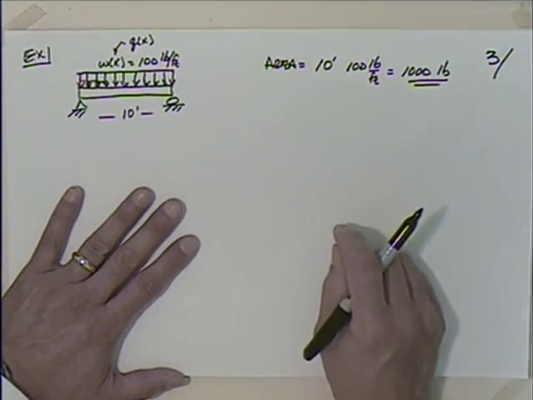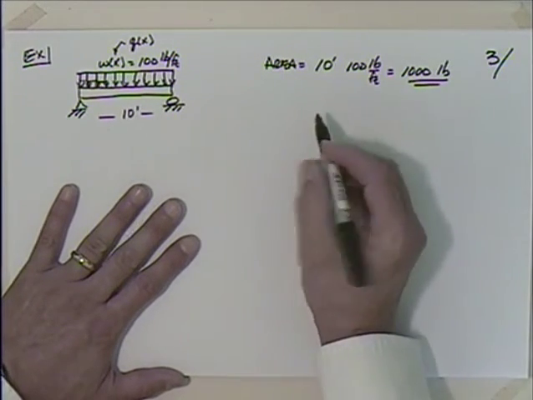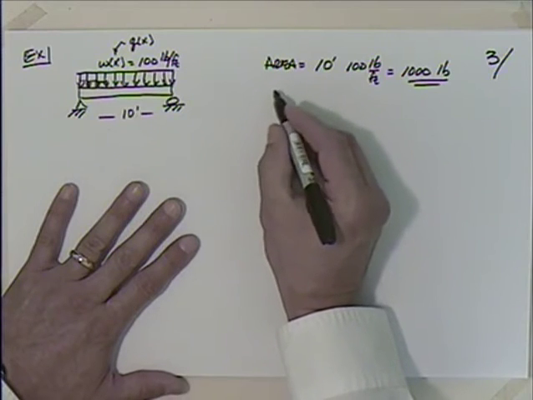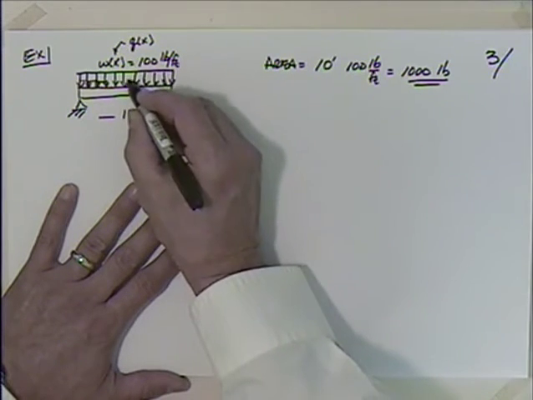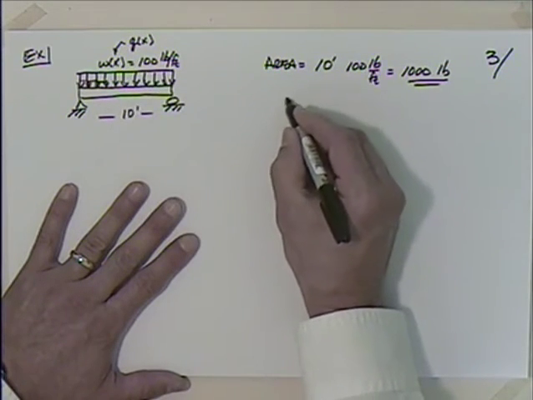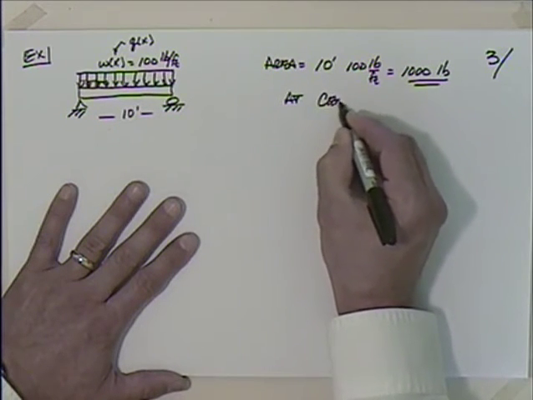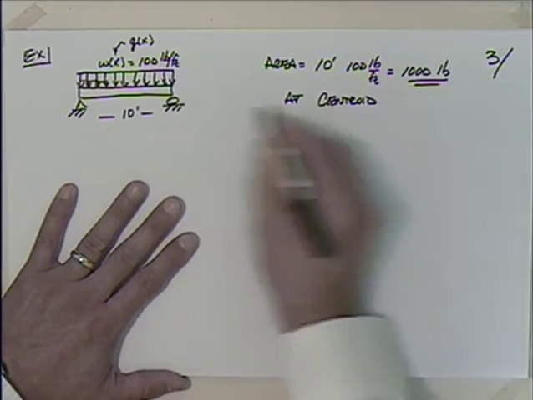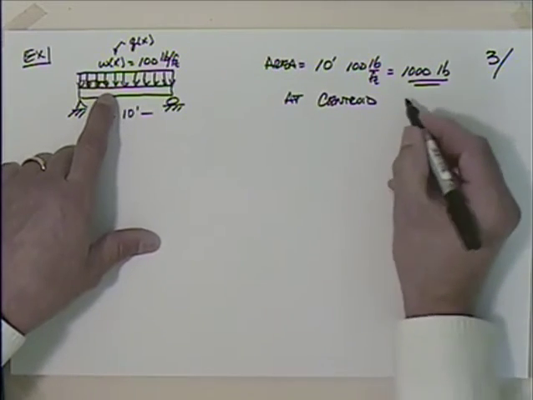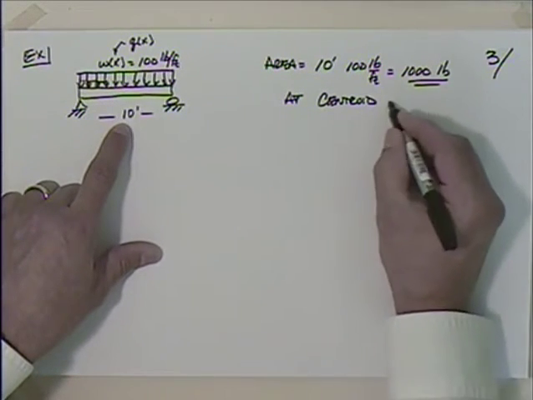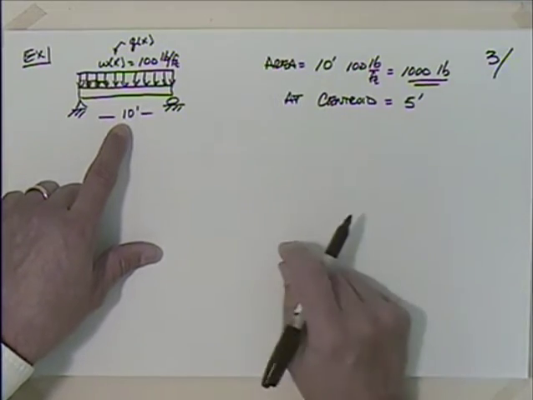So we'll expect to come up with an answer that F sub r is equal to 1,000 pounds. And where is that going to be acting? Well, it actually acts at the centroid of that thing. So this will be at the centroid. And where's the centroid of that rectangle? Should be at the center, which is equal to 5 feet from either end.